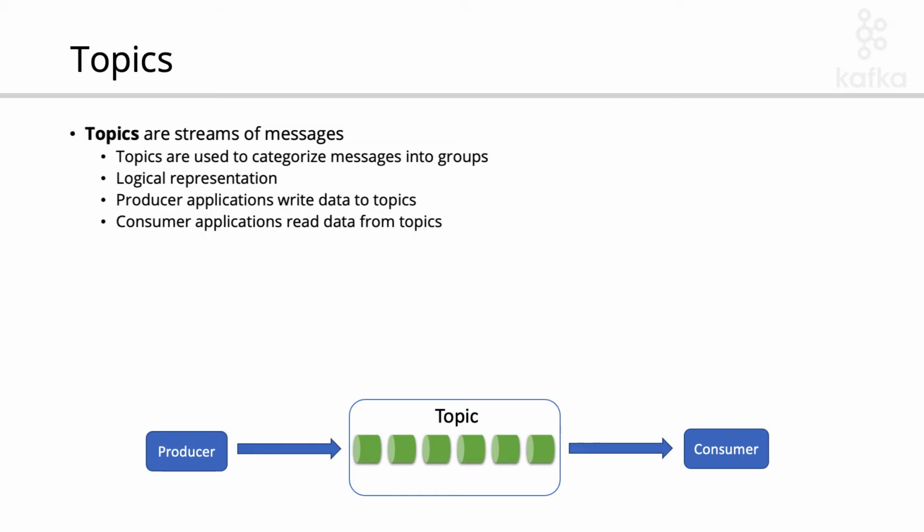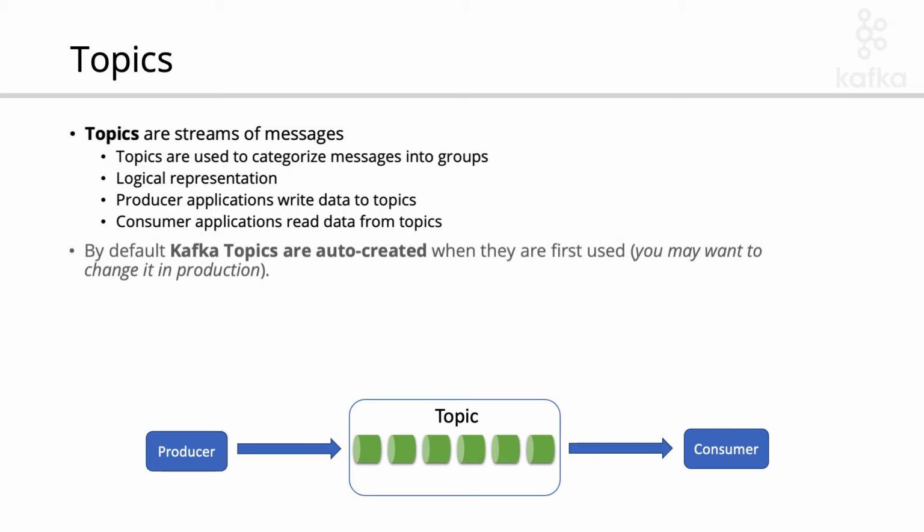The developer can decide which topics exist. By default, a topic is auto-created when it's first used. By default, Kafka auto-creates a topic whenever a client attempts to produce, to consume, or to fetch metadata from a topic that does not exist. You may need to change this behavior in production, for example, by disabling the auto-create topics property on the server.